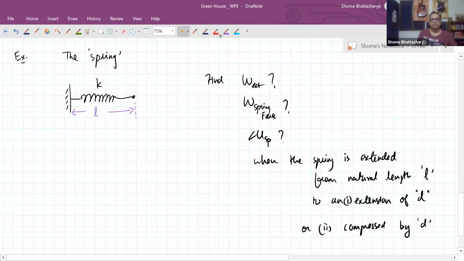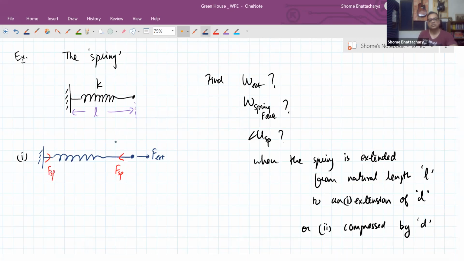Okay. So see what is happening is in order to extend the spring from its natural length position, we will have to apply some external force like this, which balances the internal spring force. Okay, like this.